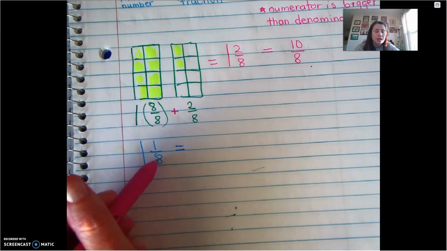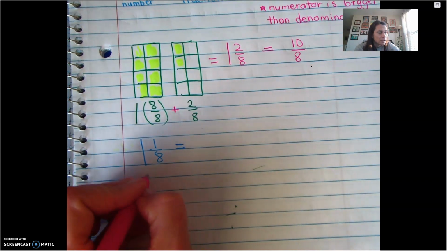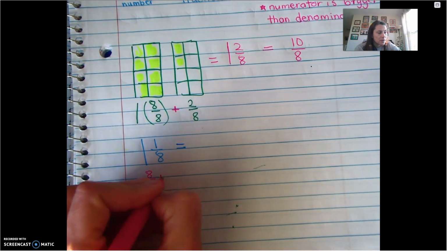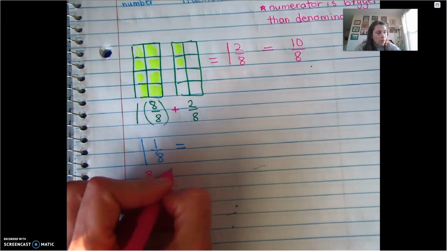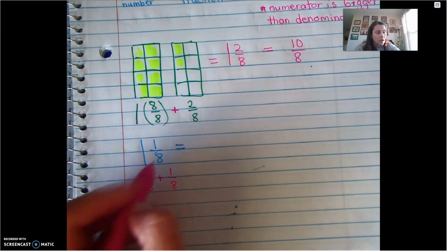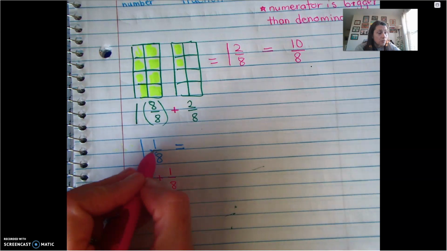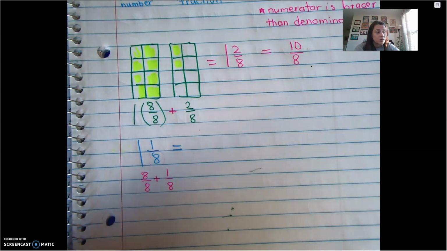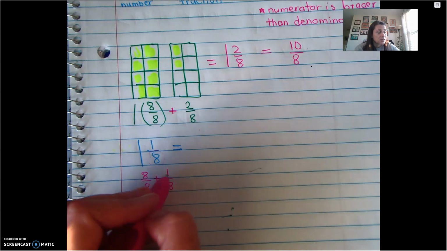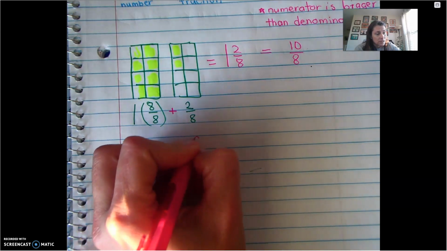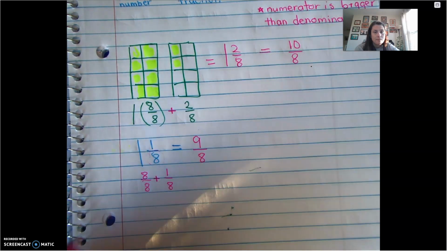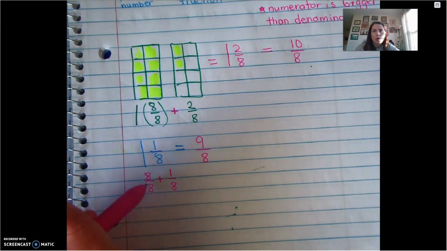If the denominator is 8, that means this 1 is equal to 8/8, and then we do our plus 1/8. Now it all depends on what our denominator is to see what our whole is worth. So that means 8 plus 1 is 9, and the 8 stays the same. The trickiest part of this is making sure you know what to change your whole number to.